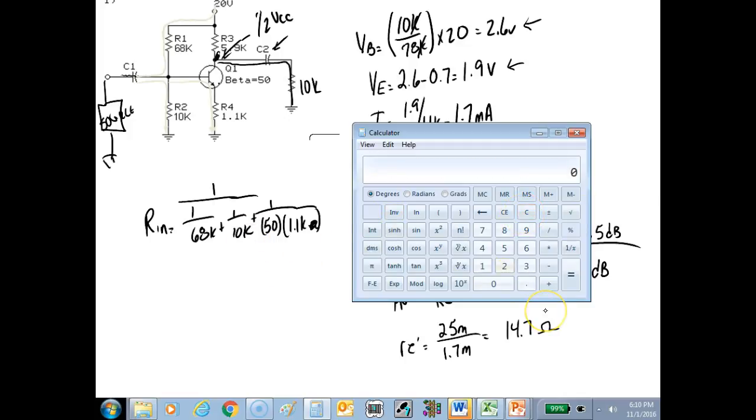So let's do this one first. I'm going to say 50 times 1.1 times 10 to the third, equals, there we go, reciprocal, plus 68 times 10 to the third, reciprocal, plus 10 times 10 to the third, reciprocal, equals, reciprocal. 7.5K.